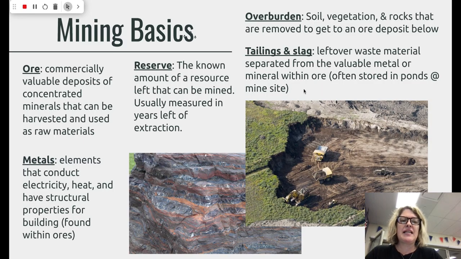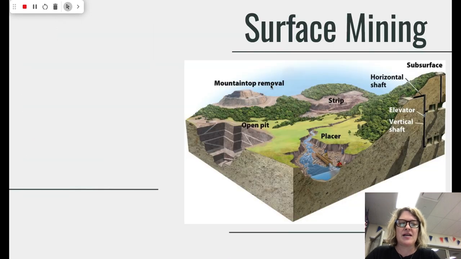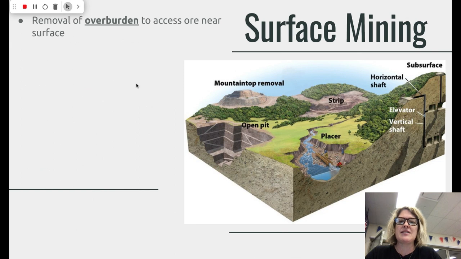These are basically the leftover waste material that's separated from the valuable metal or the mineral within the ore. And we often store these in ponds, or we might just store this at the mine site itself. And this is actually stuff that we need to put back at the end of the mining process. So we'll talk a little bit about that in a few minutes.